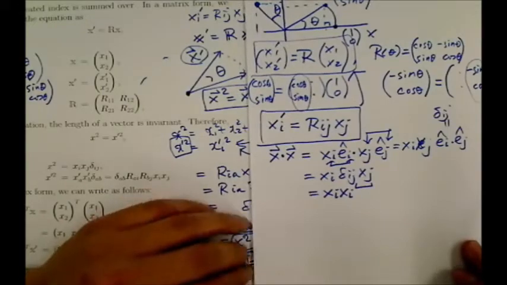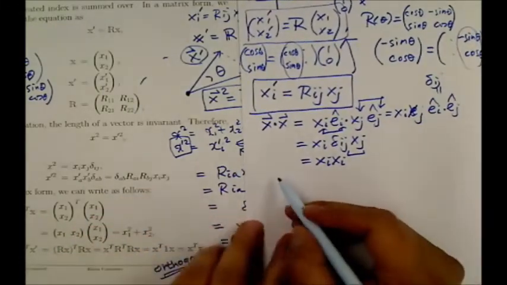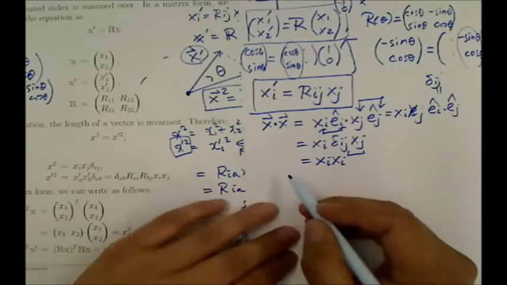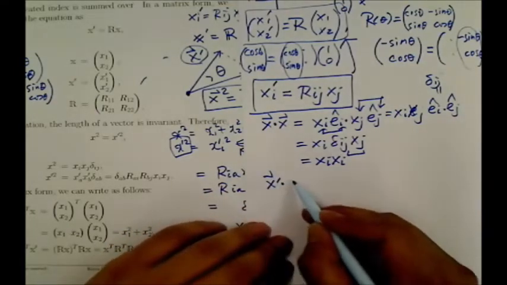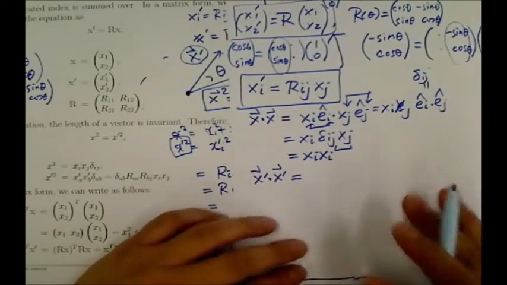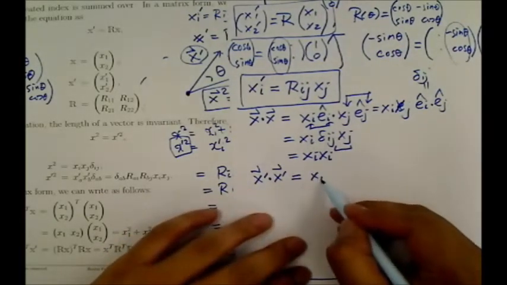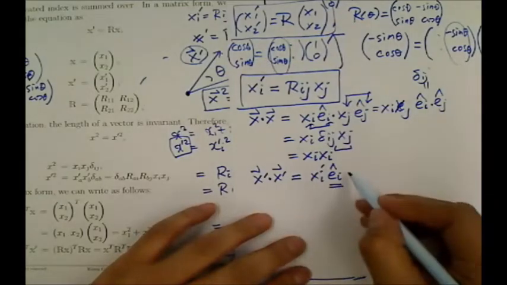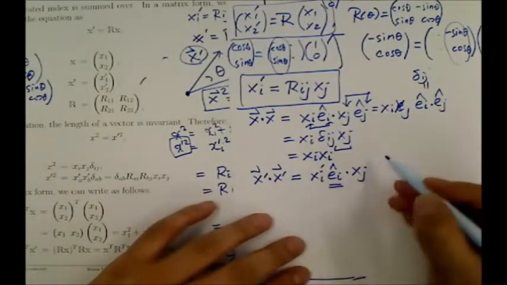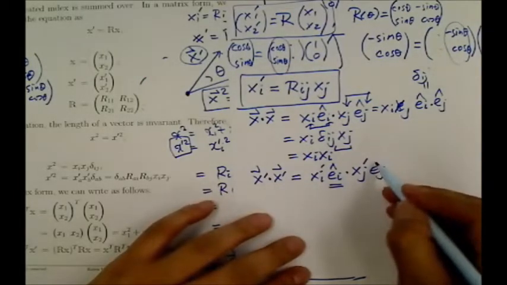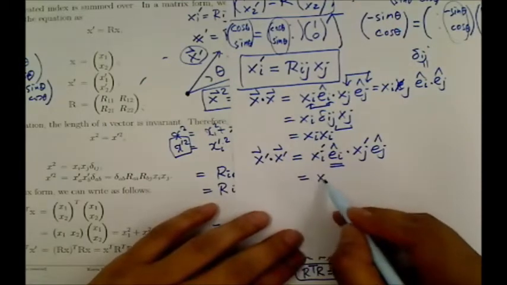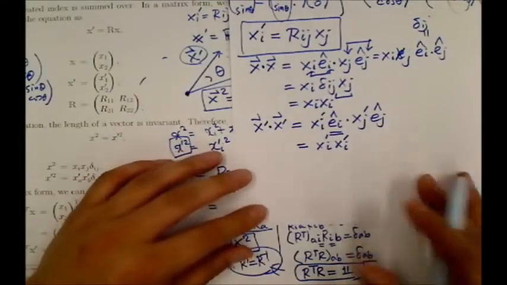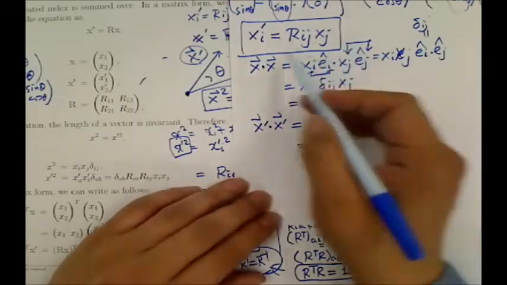Let's see what happens to this square of prime system. So if I rotate a vector, then new components are xi primes. So let us compute x prime dot x prime. In a similar manner, I have xi prime ei. We still make use of the original coordinate basis. Let's see what happens if I substitute this relation.